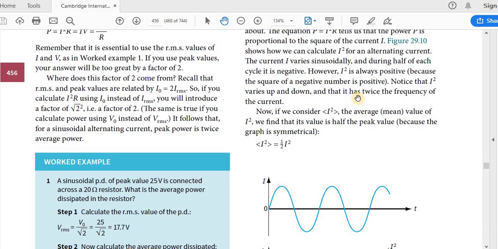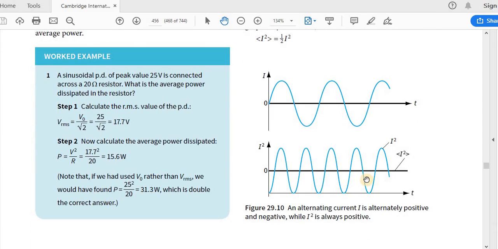Notice that I squared varies up and down, and that it has twice the frequency of the current. Here is the graph, and you can see, yeah, so you will have this.